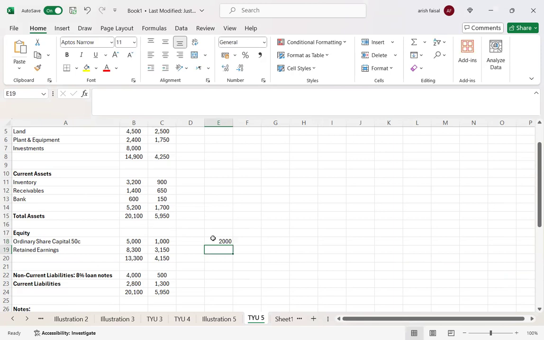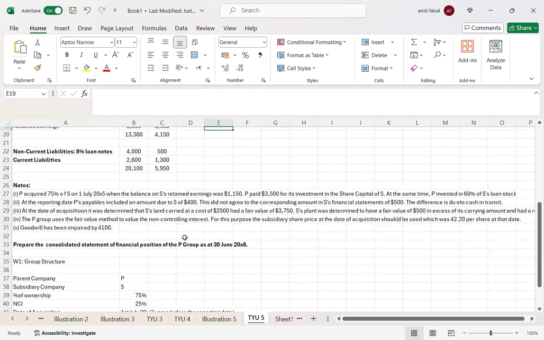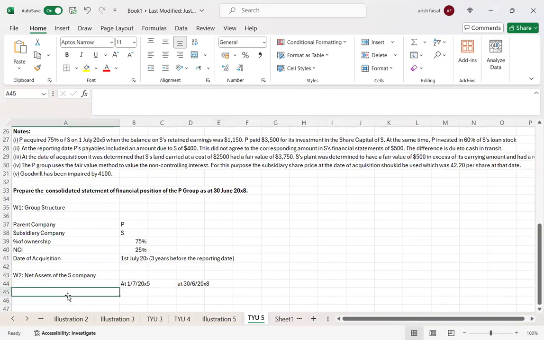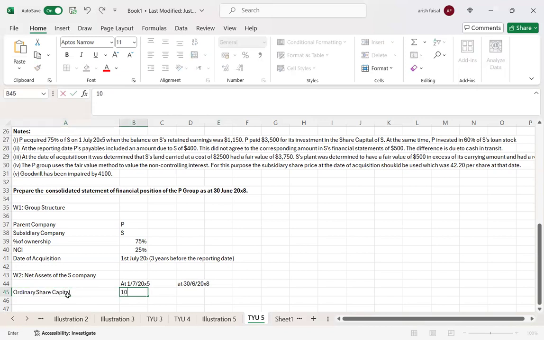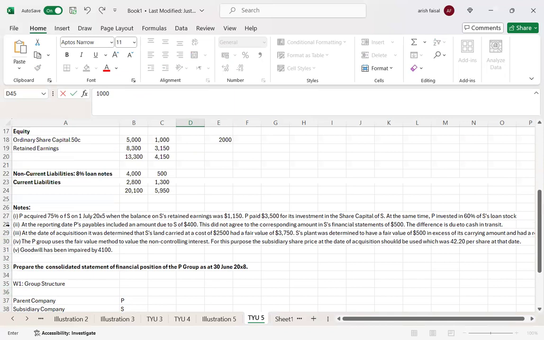So it has 2,000 shares and the nominal value is 50 cents, which makes a total value of 1,000, right? So here you have your ordinary share capital, at a valuation of 1,000 at the acquisition date, and that will also remain at the reporting date.